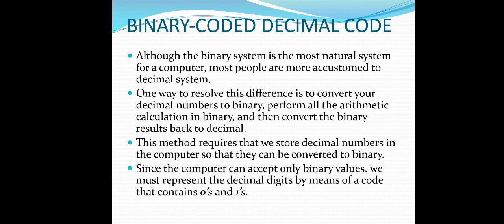This method requires that we store decimal numbers in the computer so that they can be converted to binary. Since your computer can only accept binary values like 0 and 1, your decimal digits must be represented by means of codes that contain ones and zeros. So all your numbers and alphanumeric letters will be represented by codes.